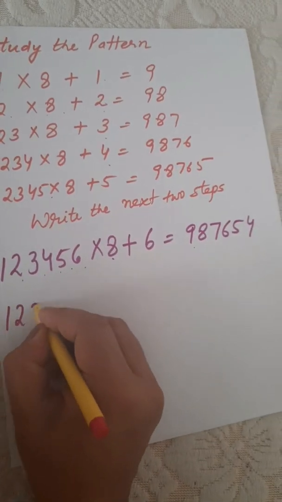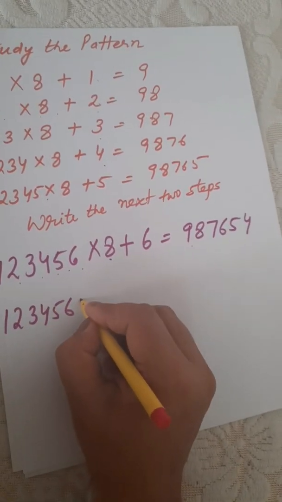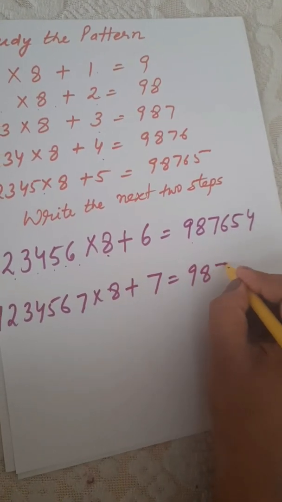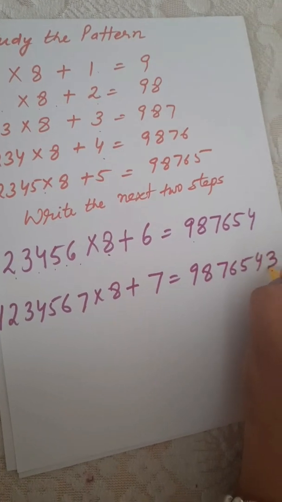The next is 1234567 multiplied by 8 plus 7 is equal to 9876543.